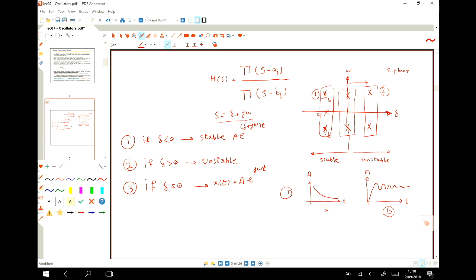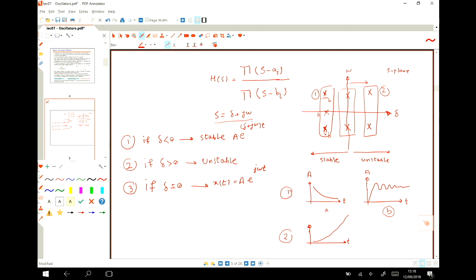Okay. And then for case 2, again we have two. So it could be like this.